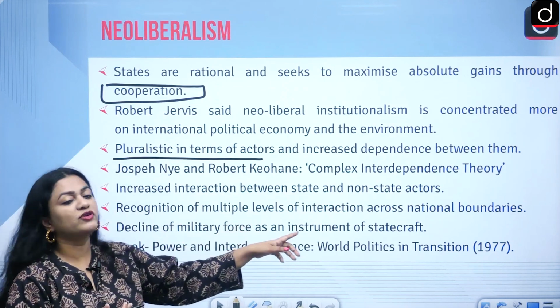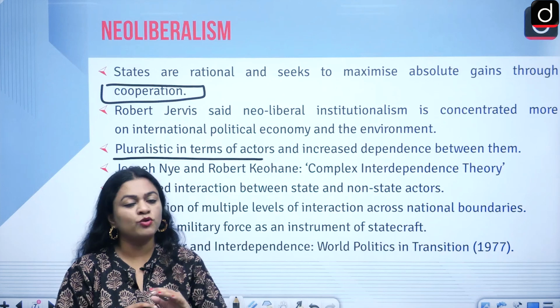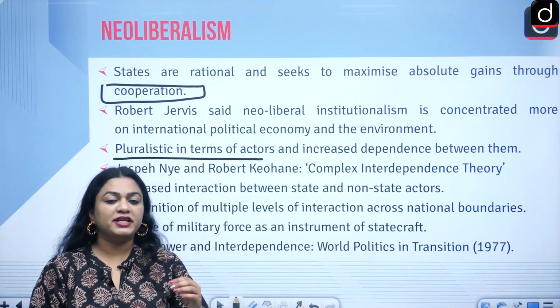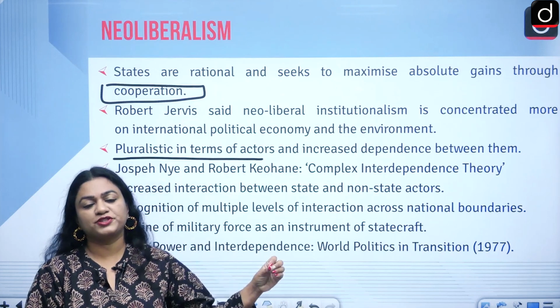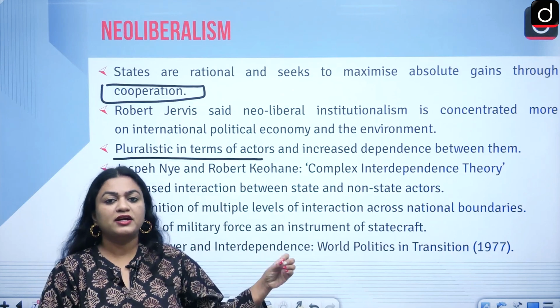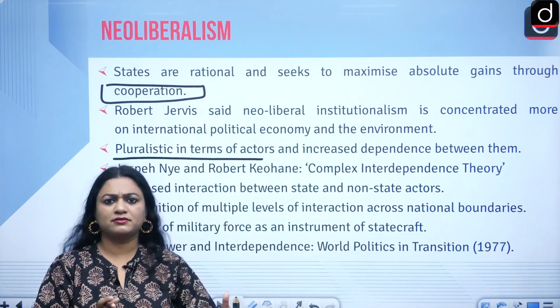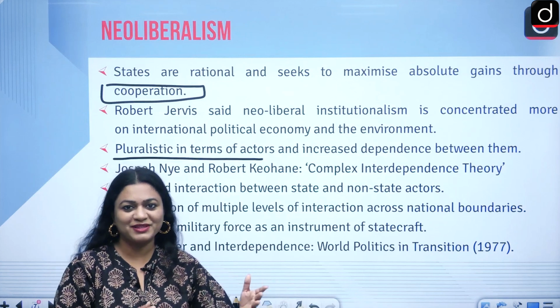Decline of military force as an instrument of statecraft. No more do people believe in military as an option for solving international issues. Let's sit, talk and do business. That is the mantra here.